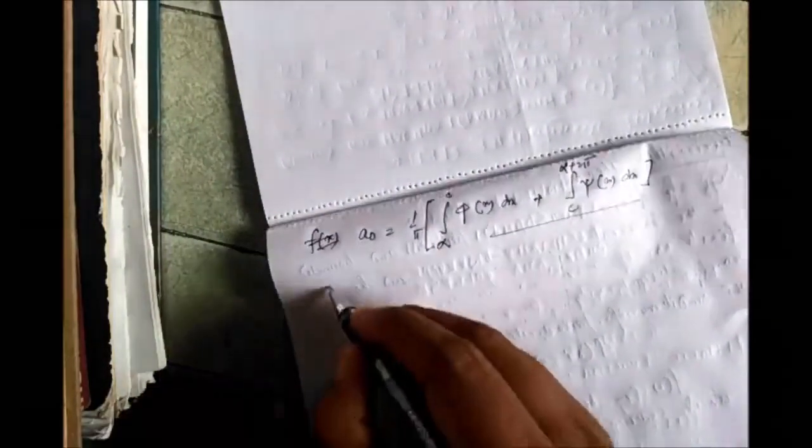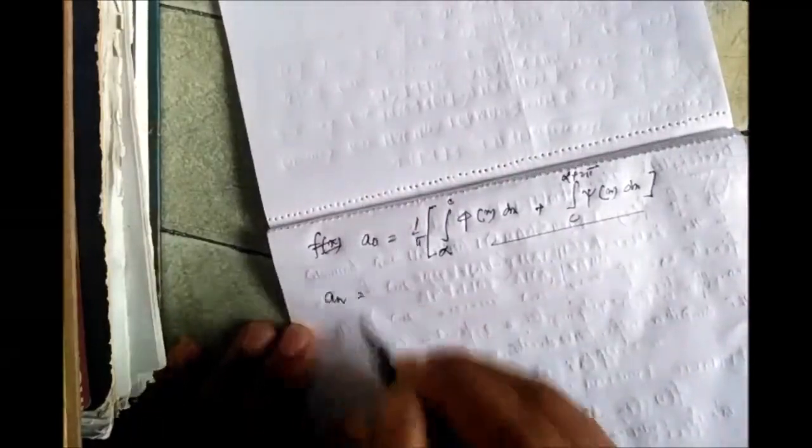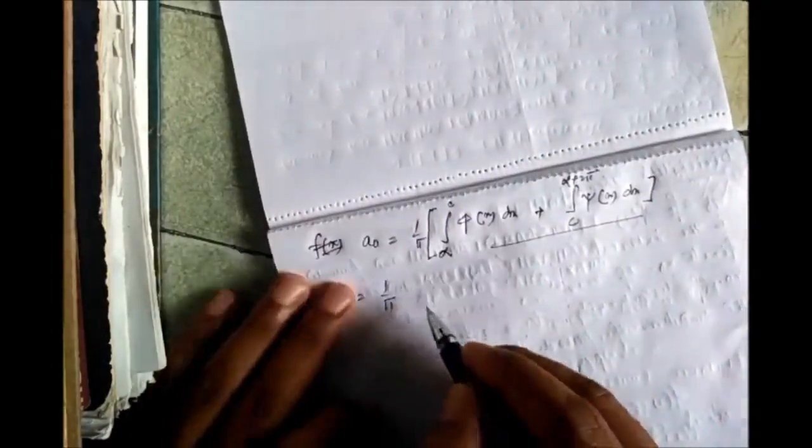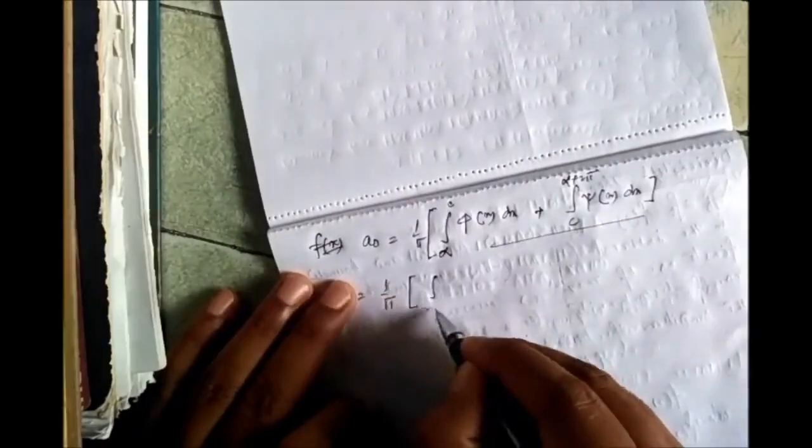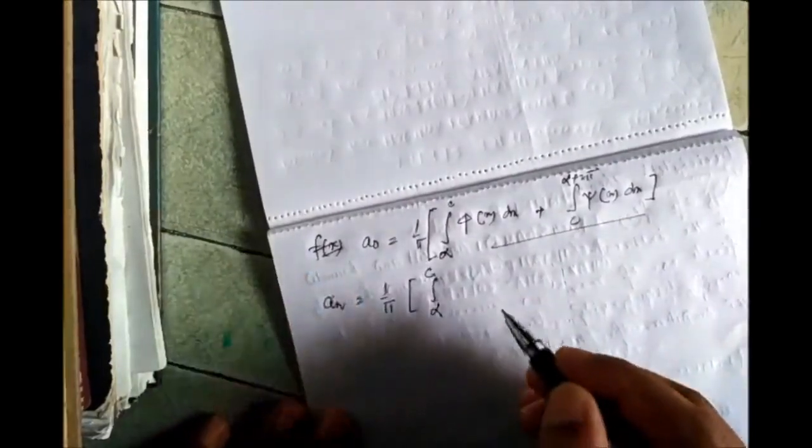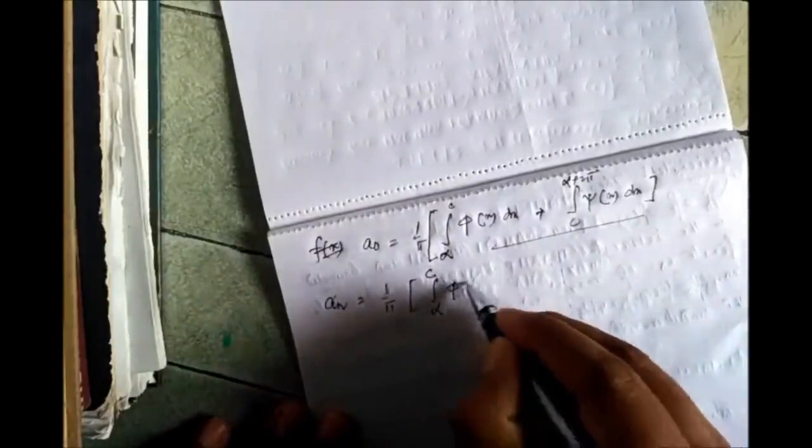Now an, similarly, I can find as 1 upon pi, integration alpha to c of phi(x) cos nx dx plus integration c to alpha plus twice pi of psi(x) cos nx dx.